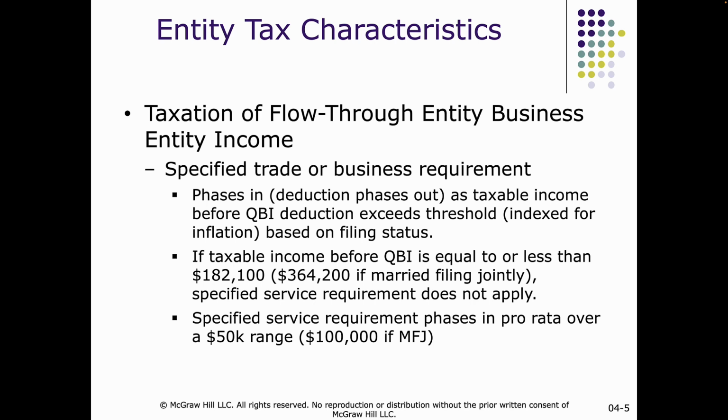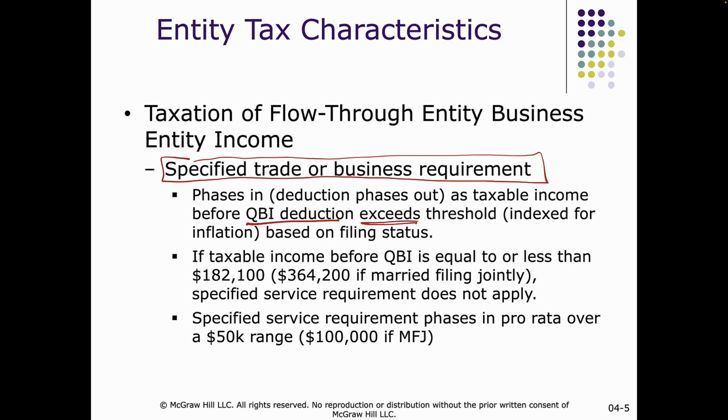So let's look at the specific trade or business requirement. There are phase-ins and, of course, phase-outs based on taxable income before the qualified business income deduction, as long as it exceeds the threshold, which is always indexed for inflation and based on the taxpayer's filing status.